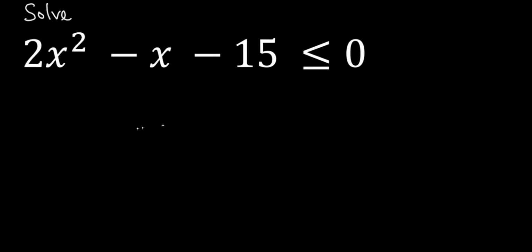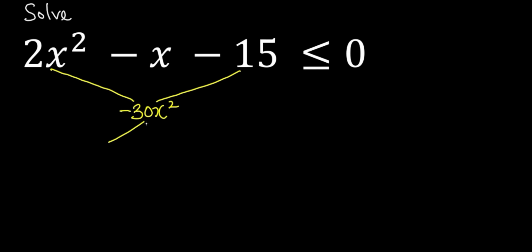Now the second question: solve 2x squared minus x minus 15 is less than or equal to 0. Here 2x squared multiplied by minus 15 will give us minus 30x squared.